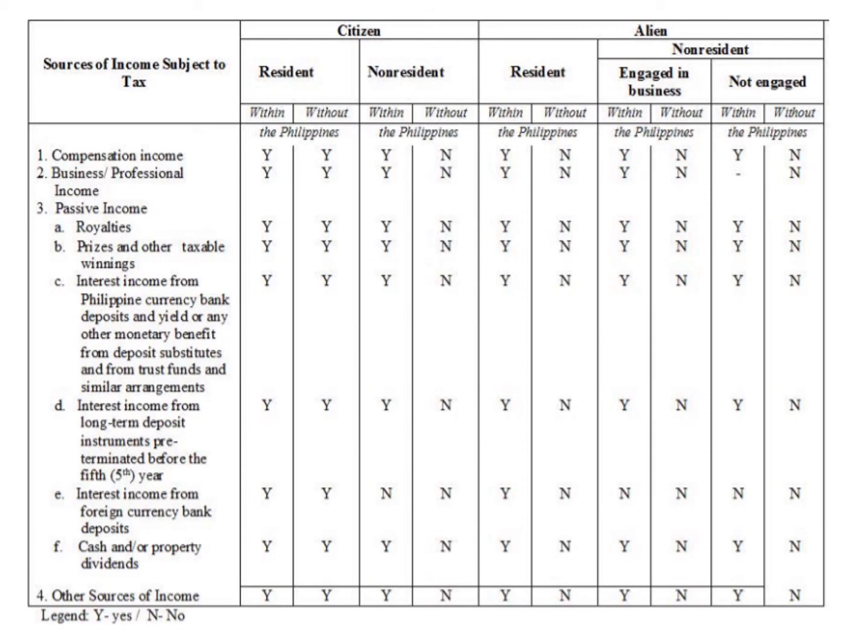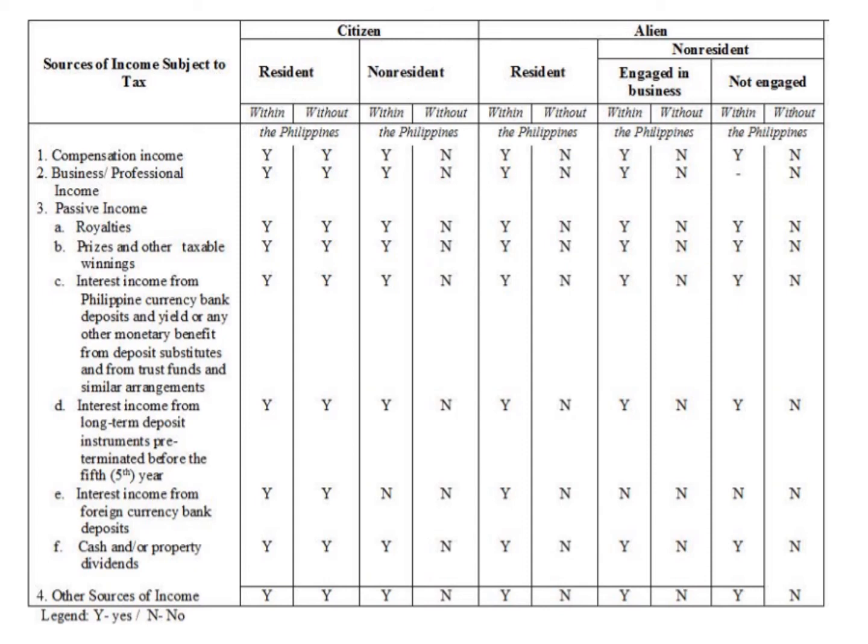And then you also have interest income and cash and property dividends. So take note, for all those, for resident citizen, it is taxable within and outside the Philippines. For non-resident citizen, resident alien, non-resident alien engaged in business and not engaged in business, all are only within the Philippines.